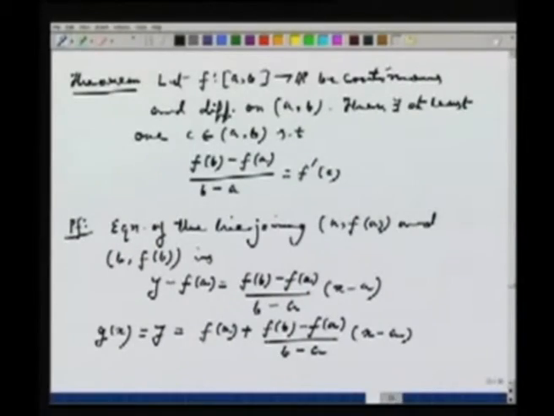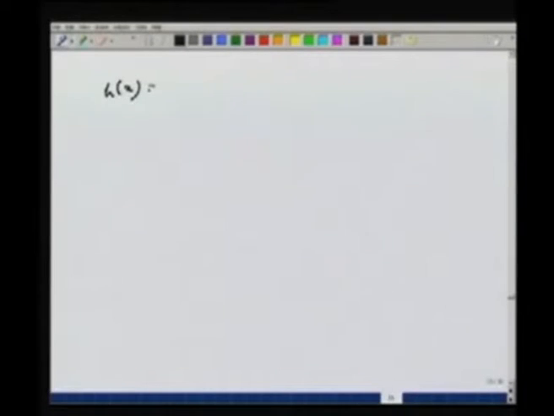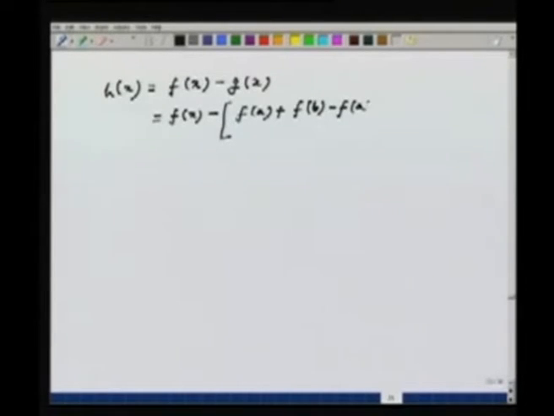That is, I define a new function h(x) equals f(x) minus g(x). That is, f(x) minus [f(a) plus (f(b) minus f(a)) by (b minus a) into (x minus a)].